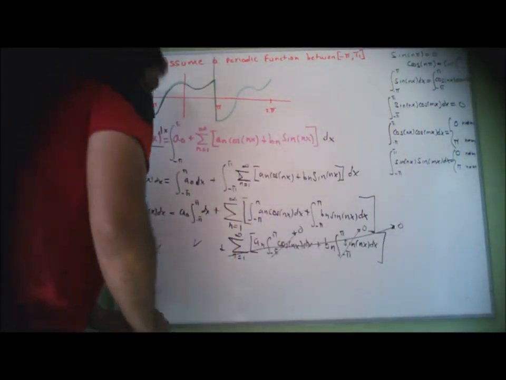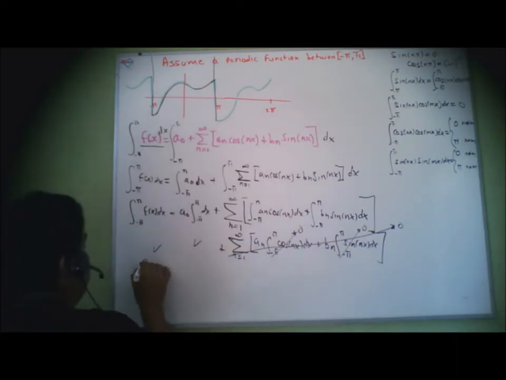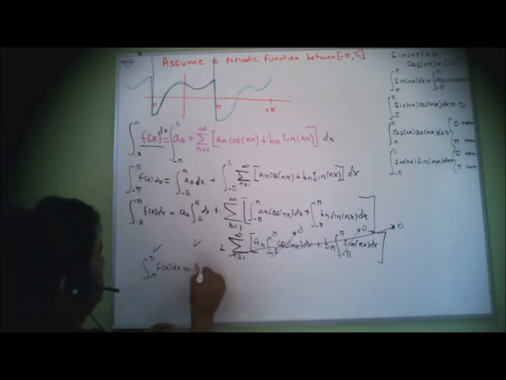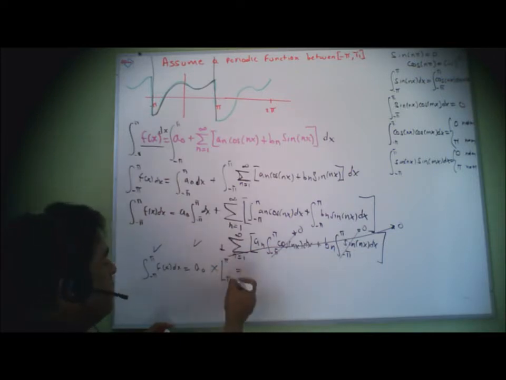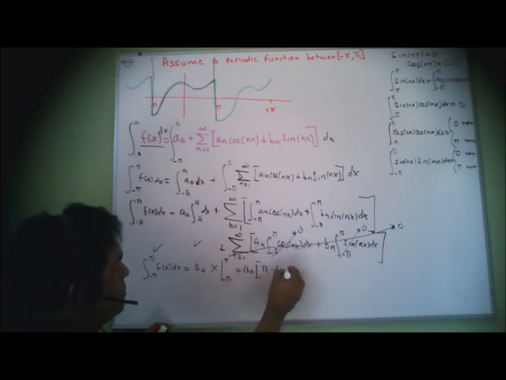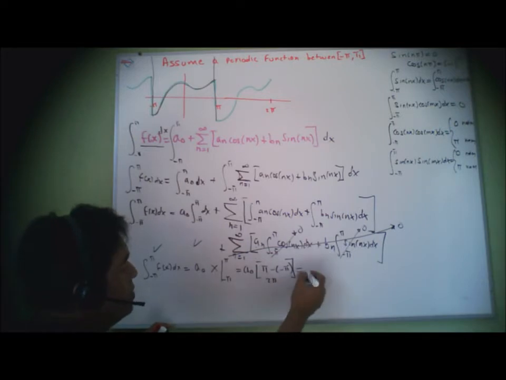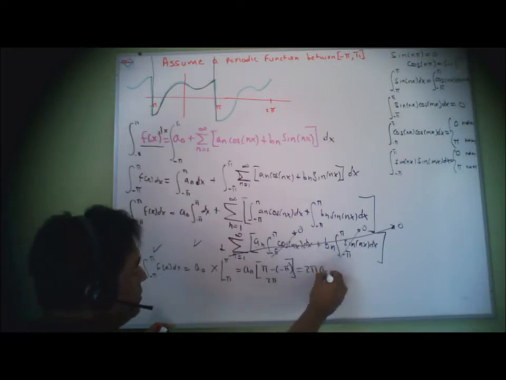Now, the integral from minus pi to pi of f of x dx equals a0 times the integral of dx, which is just x from minus pi to pi. We do the upper limit minus the lower limit, so a0 times pi minus minus pi becomes 2 pi a0.